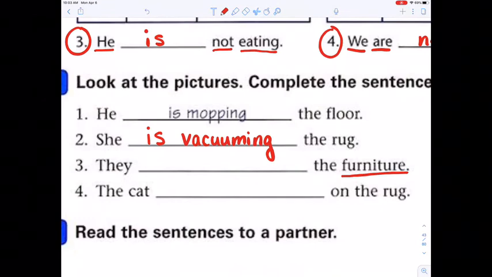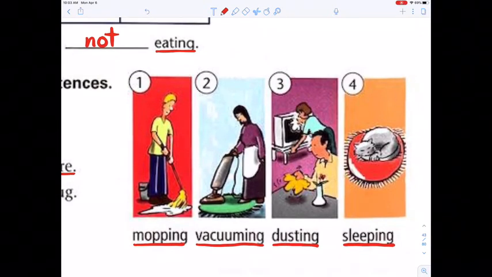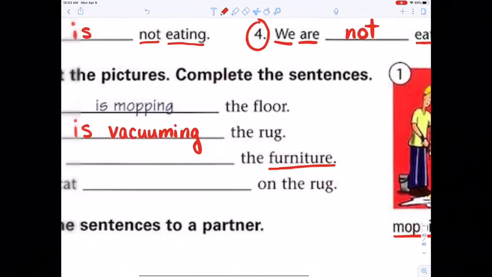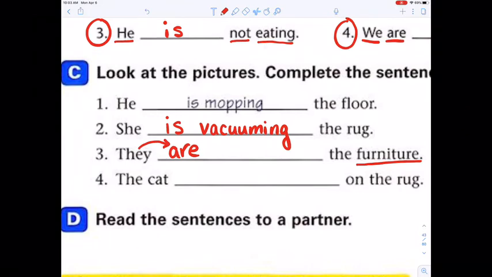These are the big things in your house. So what are they doing to the furniture? They are dusting. Remember, we need to use the be verb for they. They are dusting the furniture.